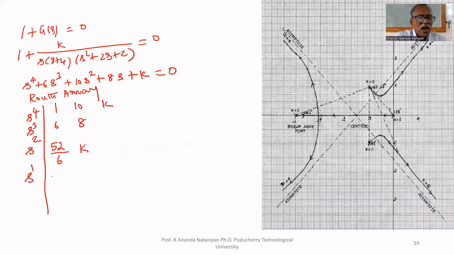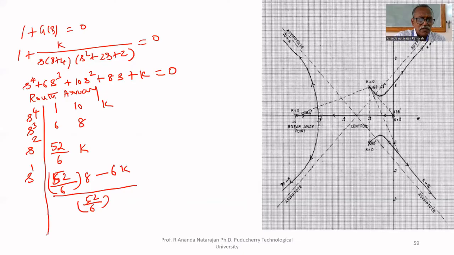S power 1: 52 by 6 multiplied by 8 minus 6K, whole divided by 52 by 6. S power 0 is K.